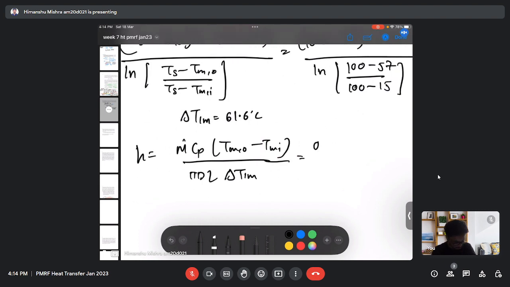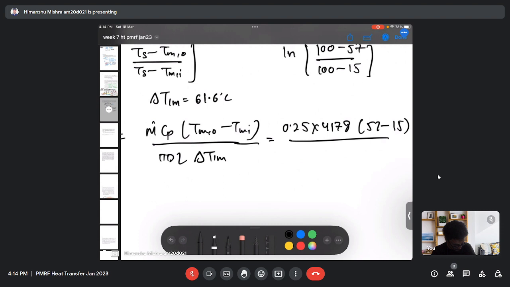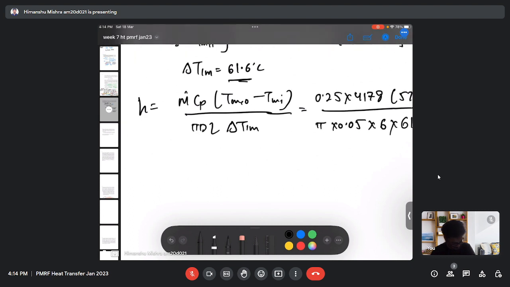My mass flow rate is 0.25, heat capacity is 4178 joule per kg Kelvin, outlet mean temperature is 57 and inlet is 15. My diameter was 0.05 meter, length is 6 meter, and my log mean temperature is 61.6. On calculating this, my heat transfer coefficient will be 755 watt per meter square Kelvin.